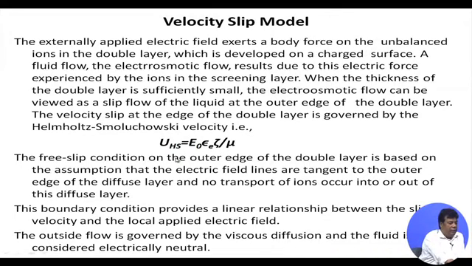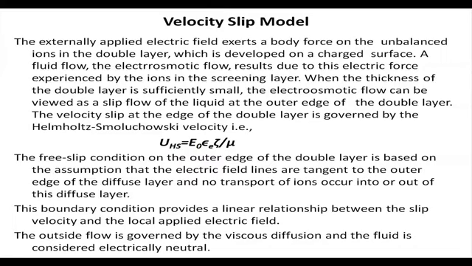And the free slip condition on the outer edge of the double layer is based on the assumption that the electric field lines are tangential to the outer edge of the diffuse layer and no transport of ions occurs into or out of the diffuse layer. That is a very important thing, a big generalization or restriction for several cases.